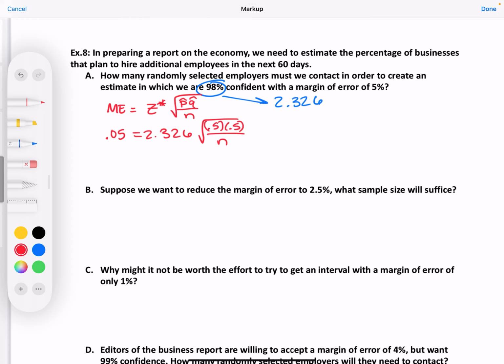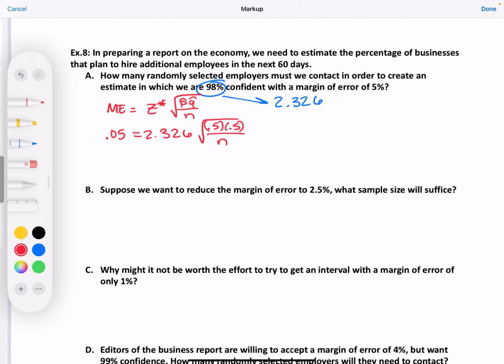So I need to divide by 2.326. I'll just let you do that because I certainly cannot do that in my head. And then you'll have to square that value and then do 0.5 times 0.5 divided by that value. So 0.05 divided by 2.326 is about 0.02.